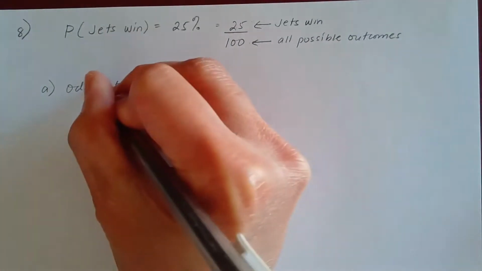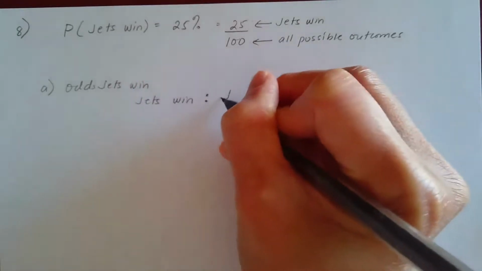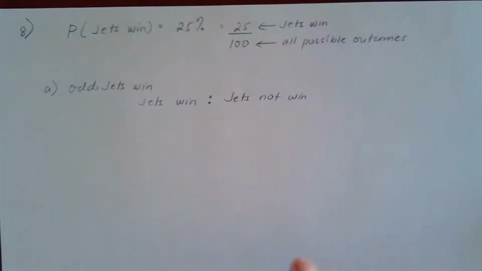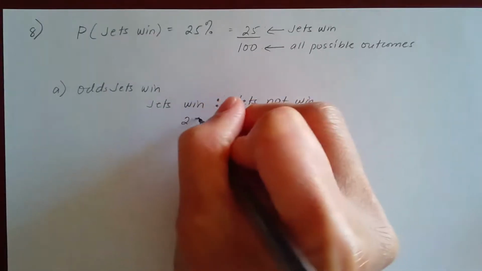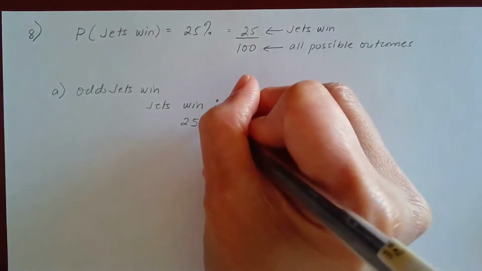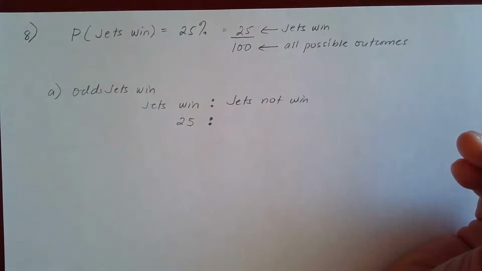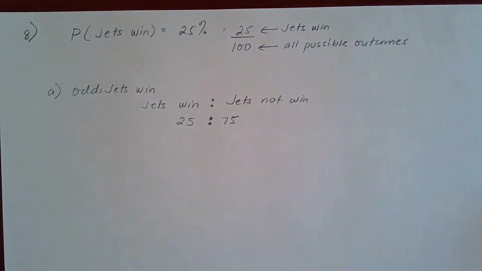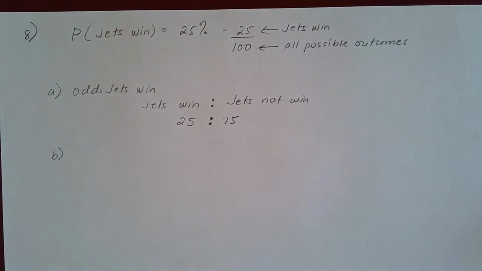So odds would be Jets win is to Jets not win. Jets win would be 25. Remember, if there's 100 all possible outcomes, that means 75 will be not a win.